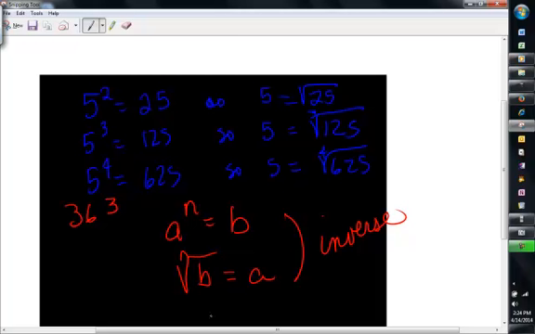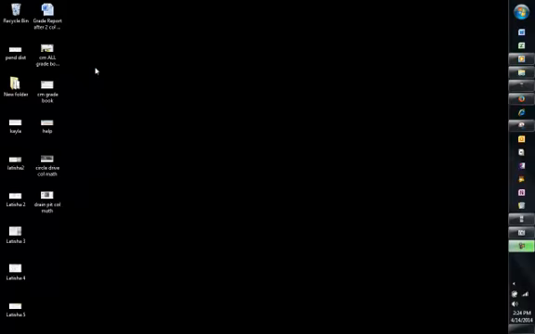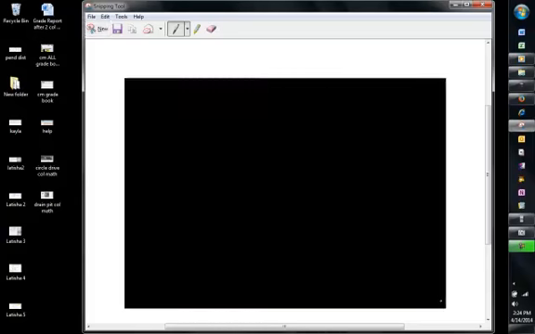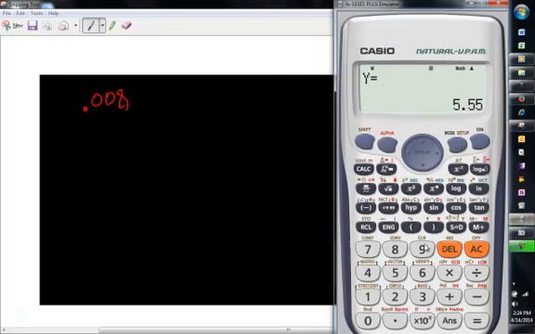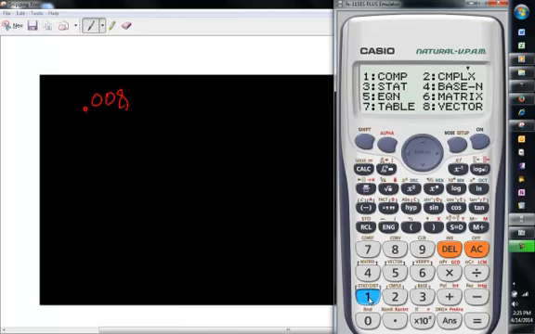Now, let's look at the first one. I'm on page 364. So the first one they give us is 0.008. Now you could press that on your calculator. Cube root. So I'm going to do shift, I got to get back to calculator mode.